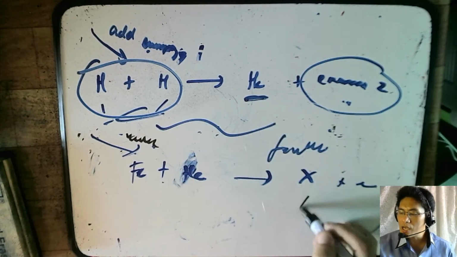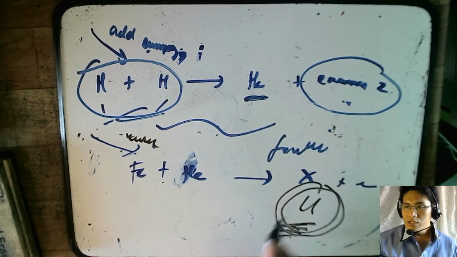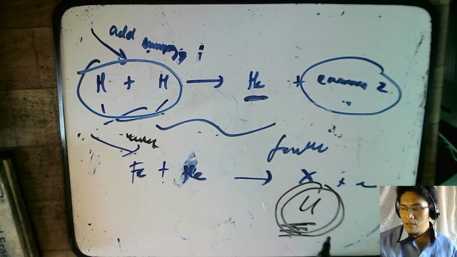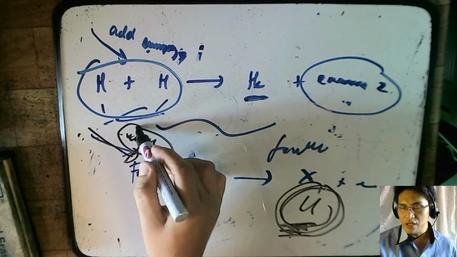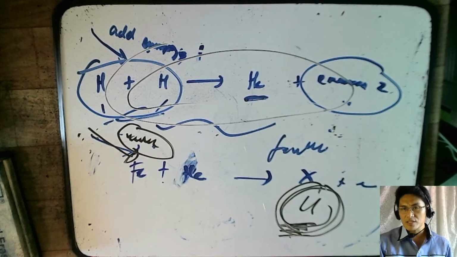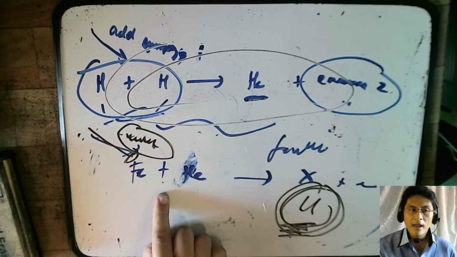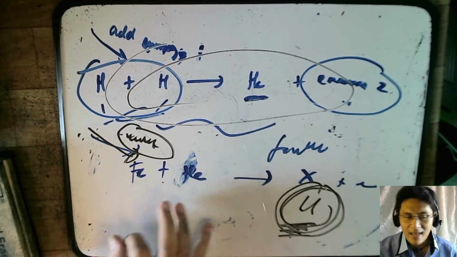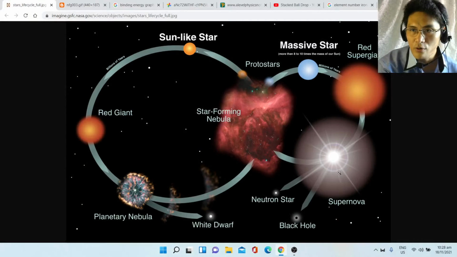So, how do you get uranium? We have uranium on Earth, so it must have been created from somewhere. Yes, but it must have been created from a process that has more energy than in the star's core, because the star's core cannot provide that energy. And when does that happen? 1, 2, 3, go. Supernova.